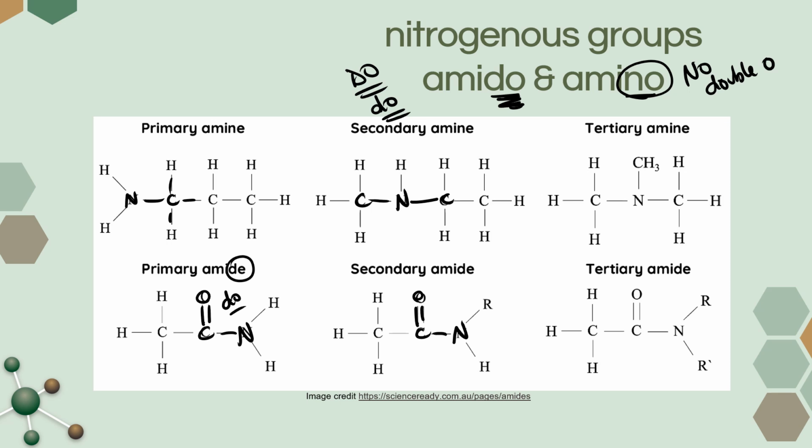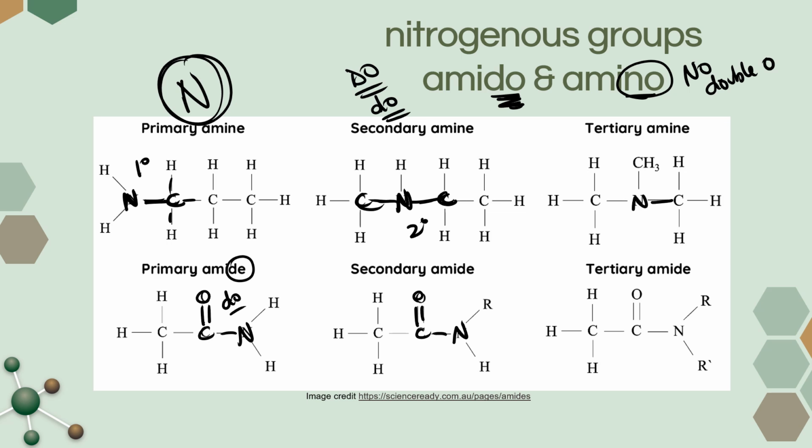We can classify our amines and amides just like our alcohols into primary, secondary, and tertiary. But I'm not going to count how many carbons are on the carbon. I'm going to count how many carbons are on the nitrogen. This nitrogen is bound to one carbon. It is a primary amine. This nitrogen is bound to two carbons. It's a secondary amine.